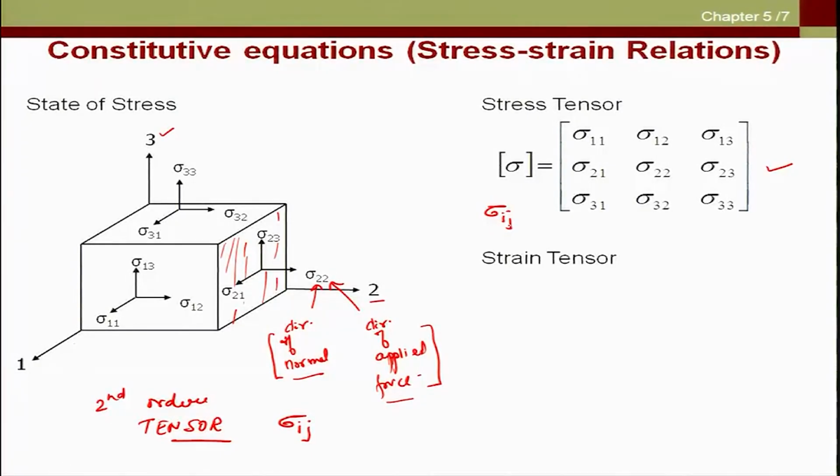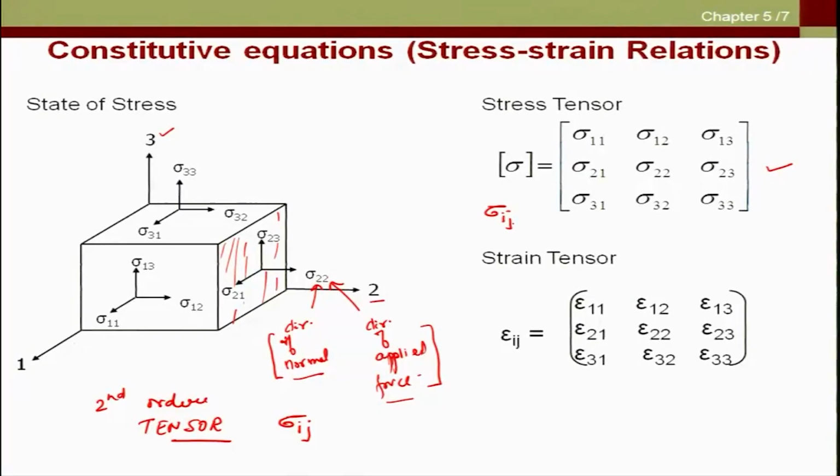Similarly, this is our strain tensor, epsilon ij. So, epsilon ij is epsilon 11. So, again, before we go to strain tensor, these stresses are extensional stresses and all others are shear stresses, because the direction of the normal and the direction of the applied force are not aligned with each other.